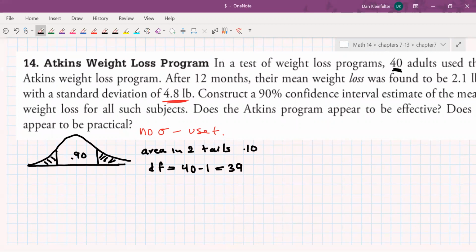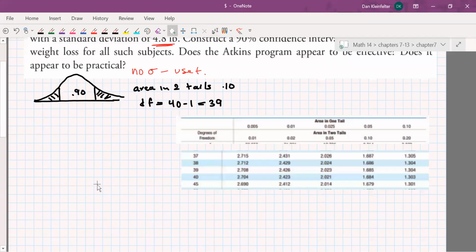So let's get out our table and take a look and see what that cutoff will be. All right, so we have a degrees of freedom of 39, one less than our sample size. And the area in two tails is 0.10, so we'll be in the fourth column. Where those two intersect looks like 1.685.